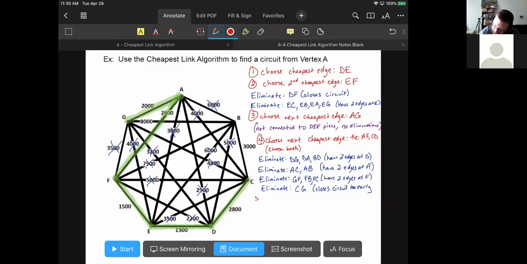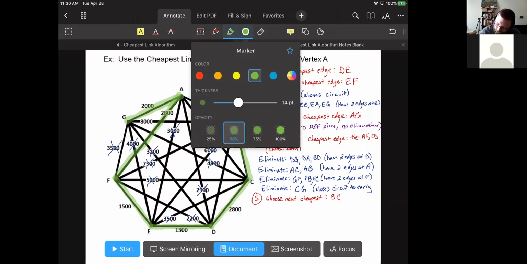So our fifth choice, the next cheapest, would be BC for that 3,000. And then all of the points are connected.